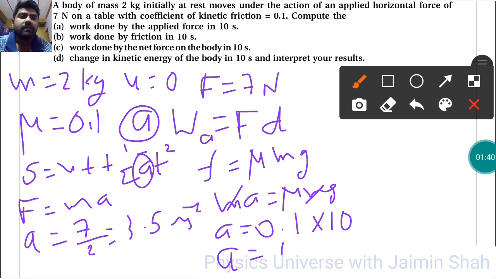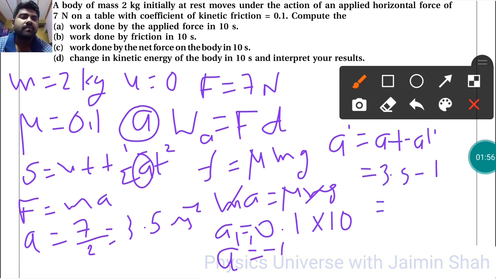Here our acceleration is negative because of friction. So the total a dash is equal to a plus a double dash. What is a? 3.5, and minus 1, so it will be 2.5. So that is our a dash.